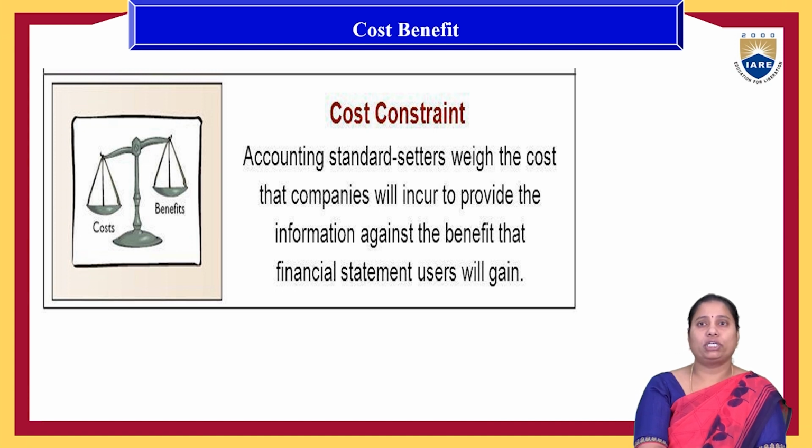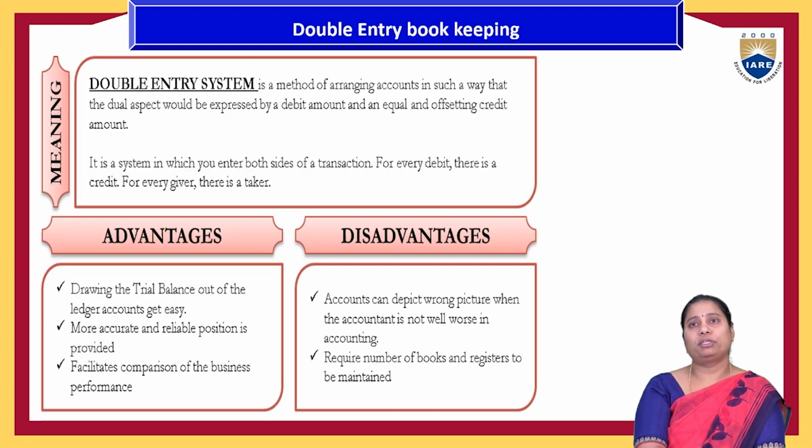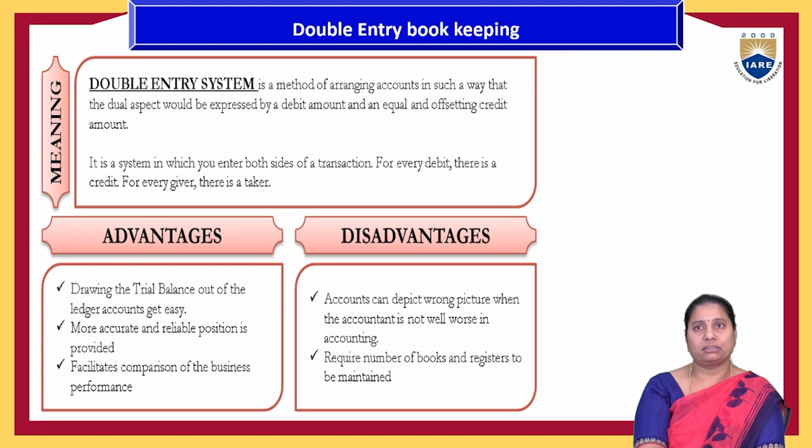And cost constraint means everything should be in the form of expenditures, and for objectivity, accounting has to be based on their spendings.